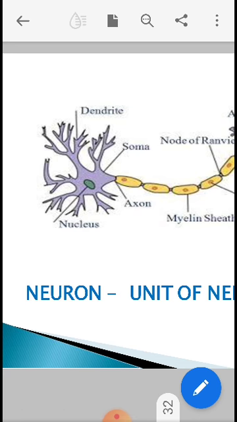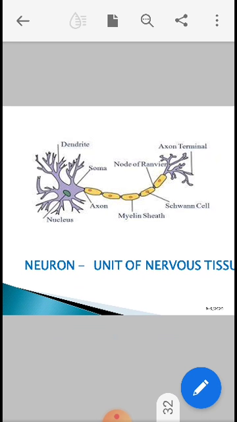You can see the branches, and on the last branch you can find that purple color which consists of the dendrite. And in between the structure you can see the green dot-like structure, and that is the nucleus. So this is the structure of the neuron which is responsible for transmitting messages from the brain to the different parts of the body and vice versa.